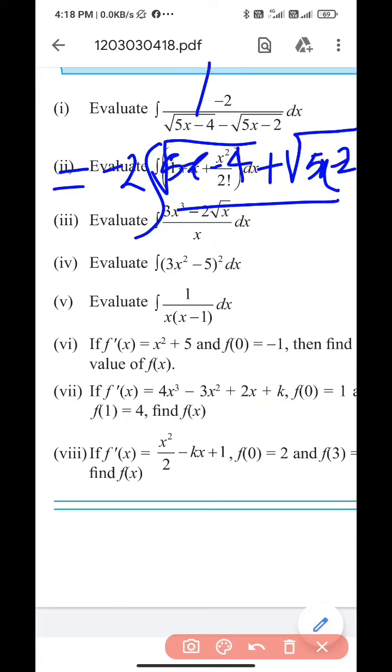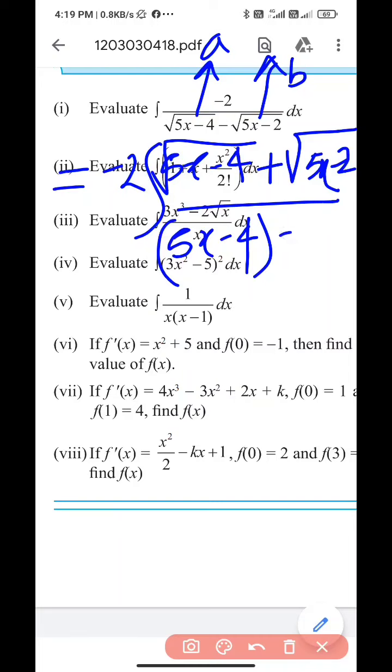As I was telling, this is a and this is b. So a square minus b square, the square roots are going to get cancelled, and it will be 5x minus 4 minus 5x minus 2.